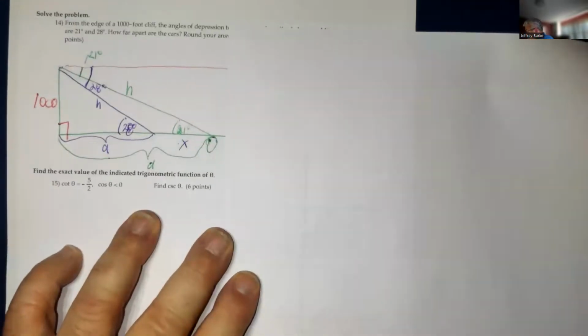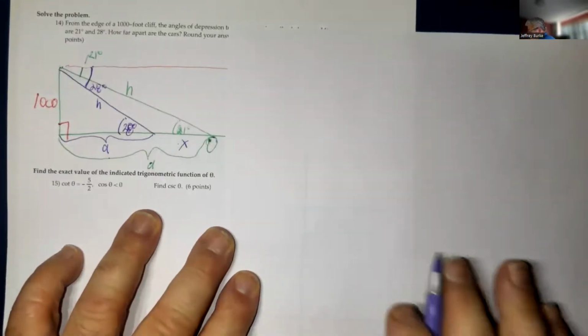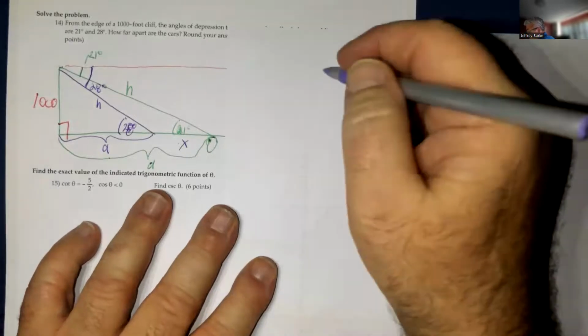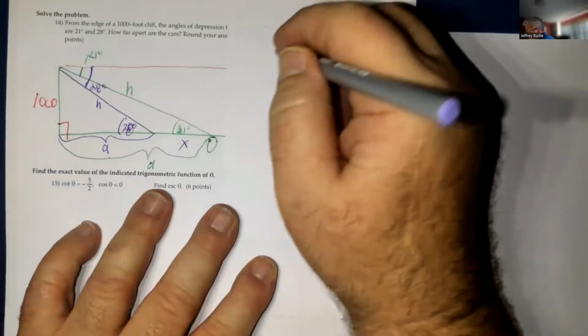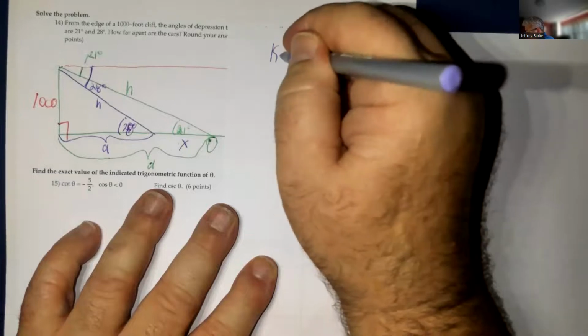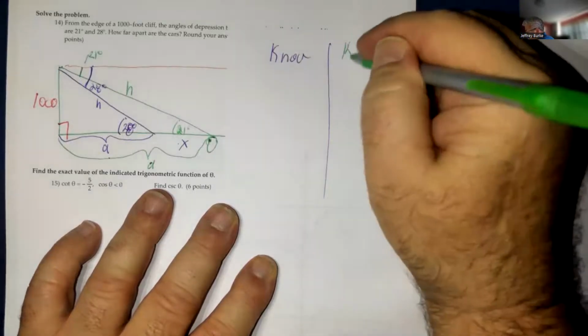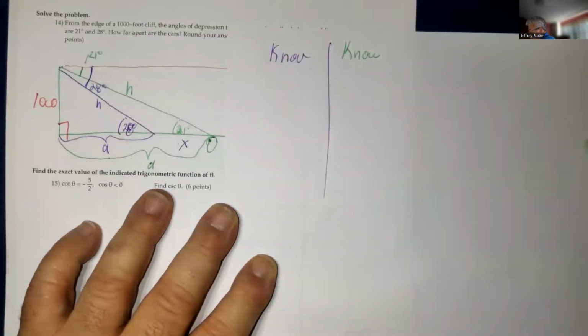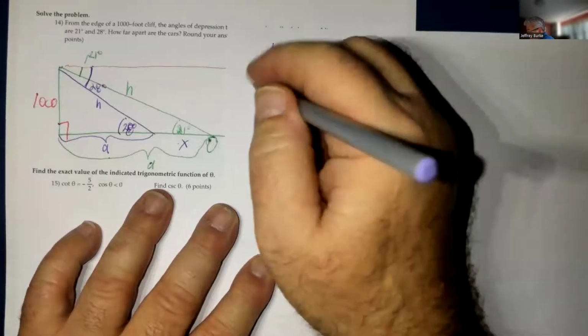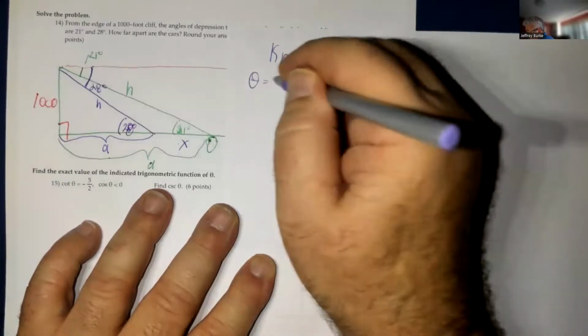So what we know. For the smaller triangle, I know that theta is equal to 28.